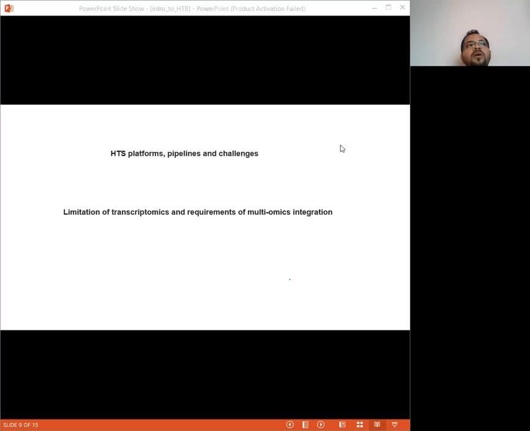Now I am giving you one easy example. If you are focusing on transcriptomics, you are getting the list of RNAs which are expressing in a particular sample. Fine.